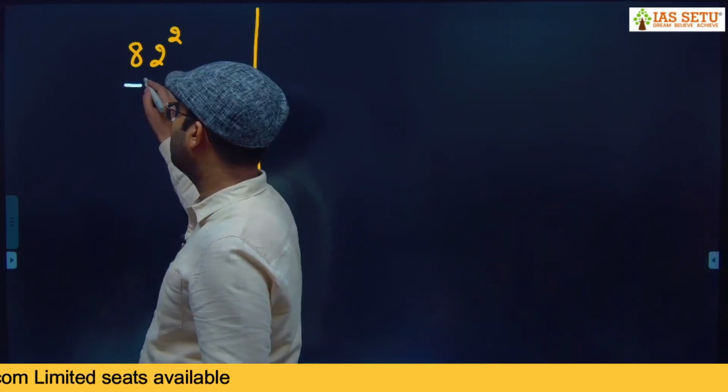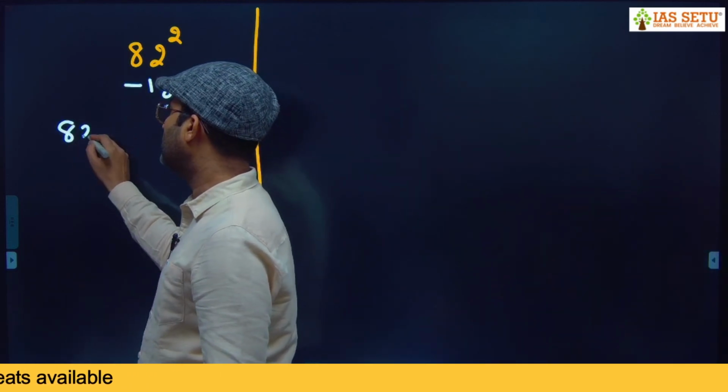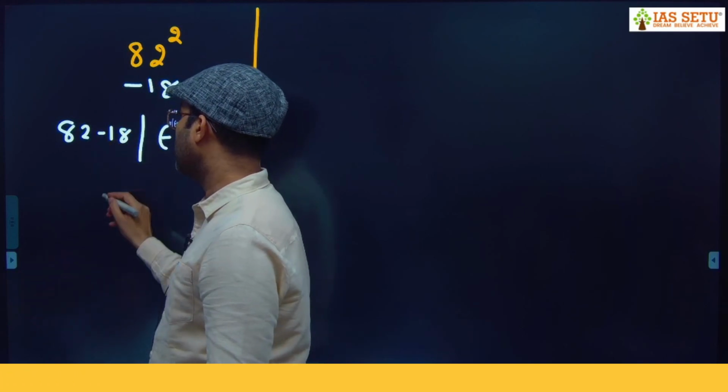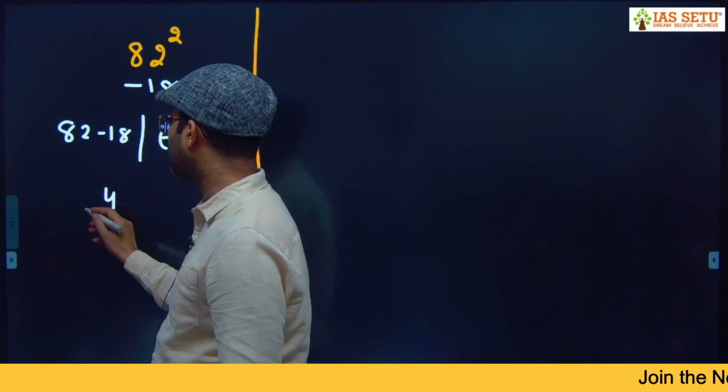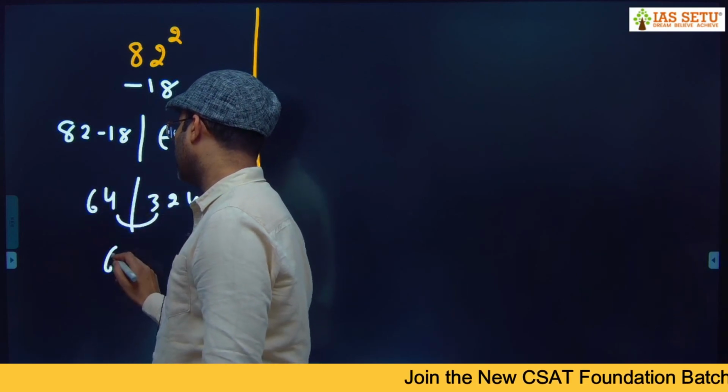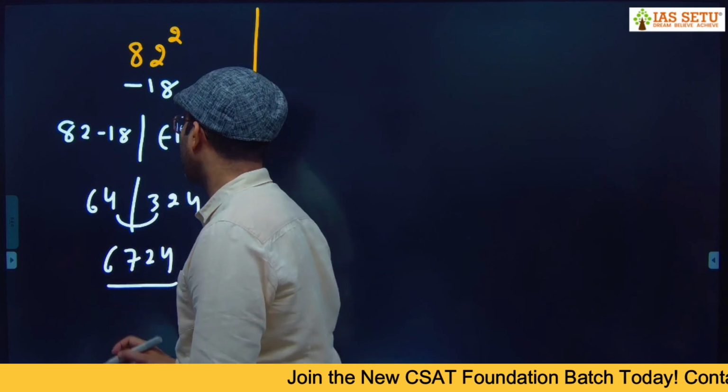It is 100 minus 18. Left side value is 82 minus 18, and minus 18 square. So what do we get? 12 minus 8, 4. We get 64. And what is 18 square? So 3 carry forward. 6, 7, 2, 4.